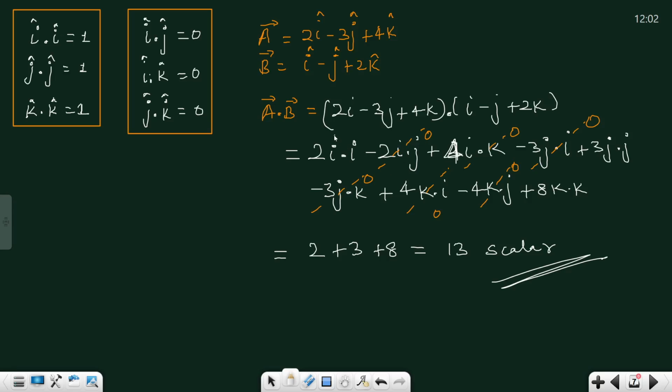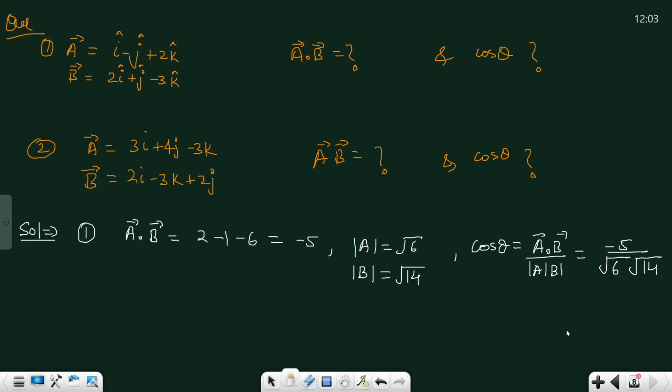You just need these three, the same-unit products. In these sums you can directly multiply; you don't need to write I dot j, I dot k, j dot I. Okay, got it. Minus 5 is the final answer for cos theta.